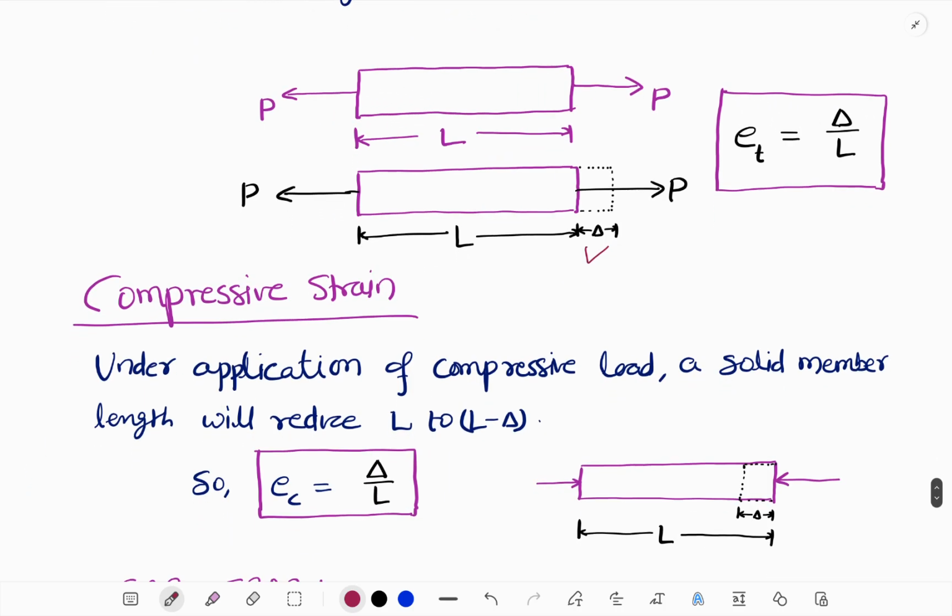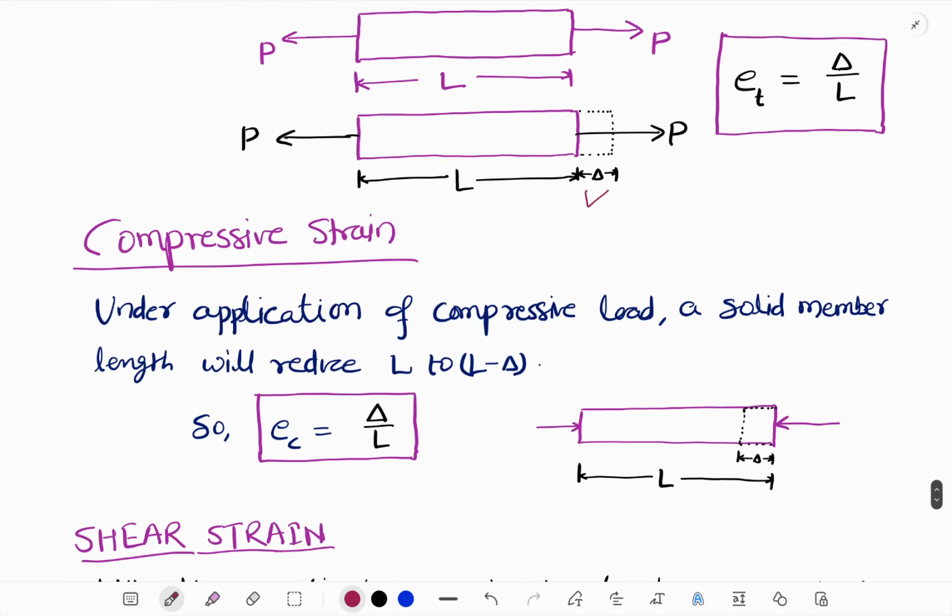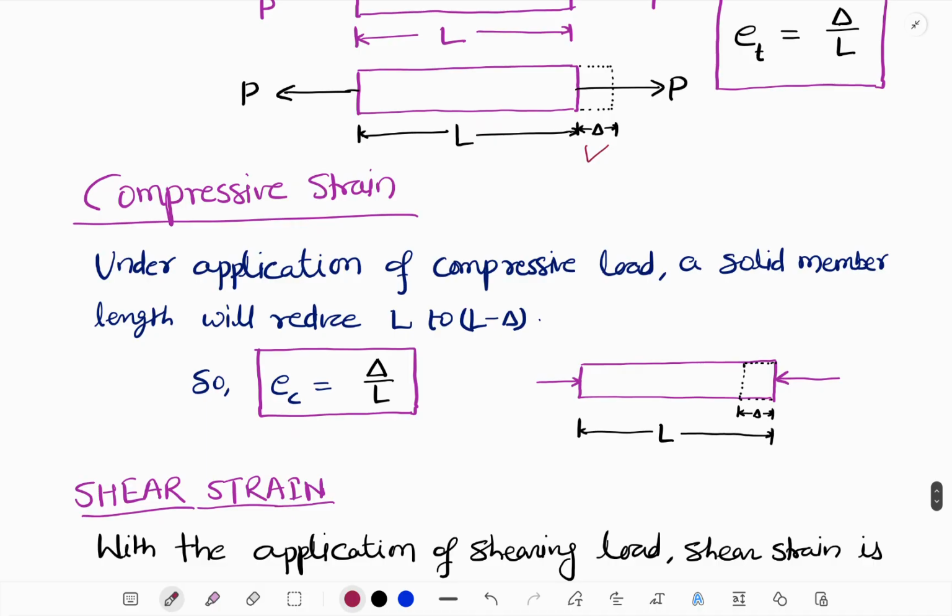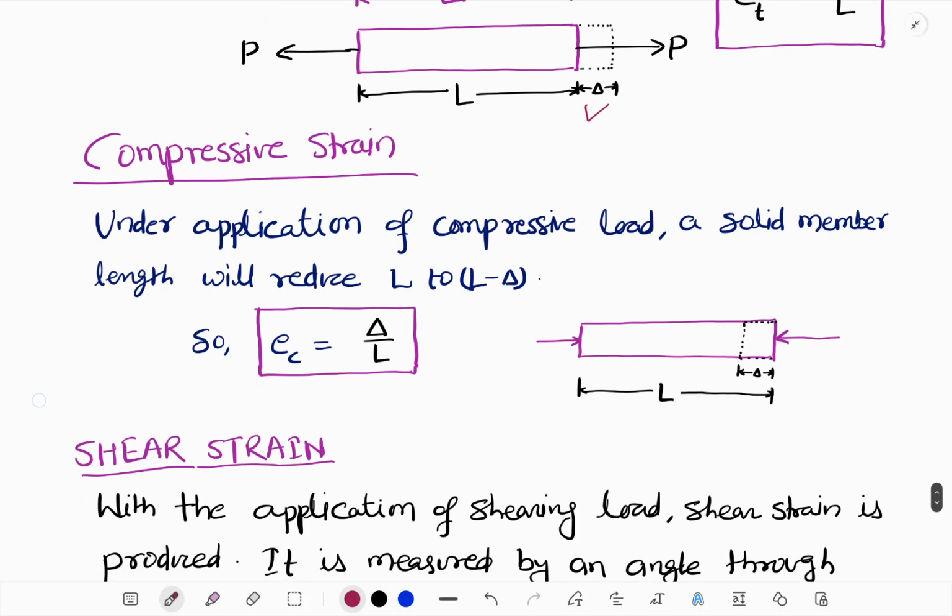Next, now going for compressive strain. How do we define the compressive strain under application of compressive load? This is also an axial load acting in the longitudinal direction. The solid member's length will reduce from L to L minus delta.